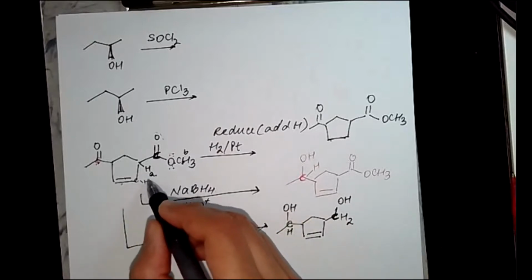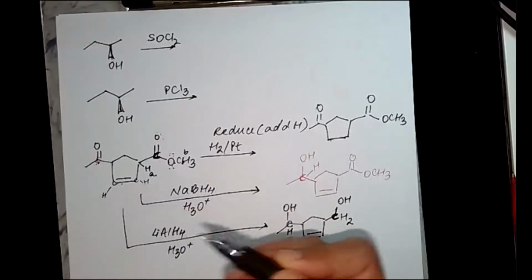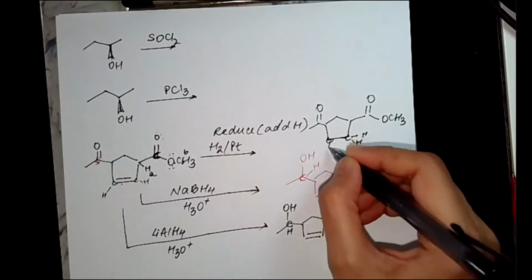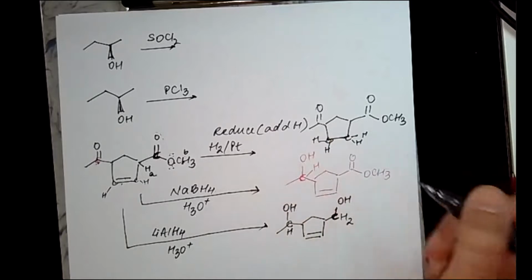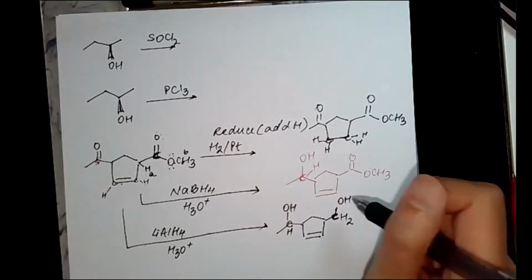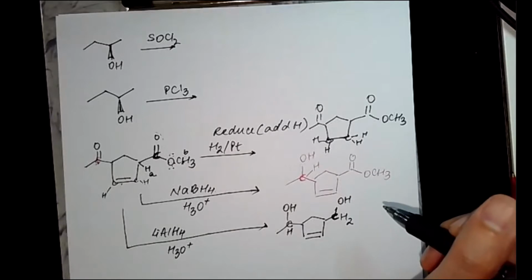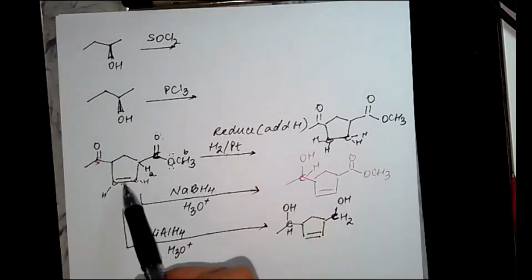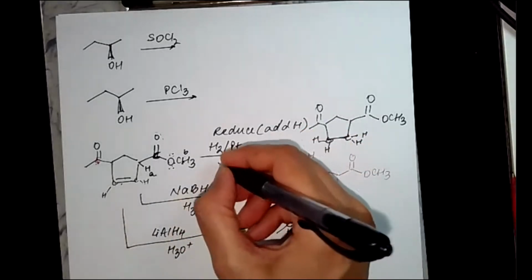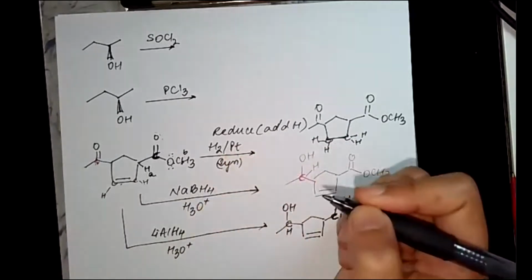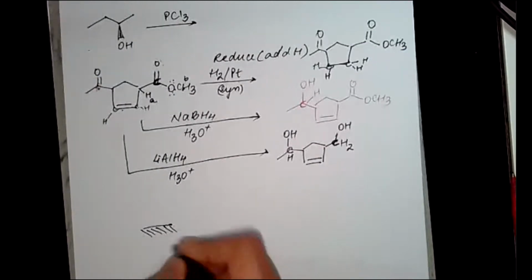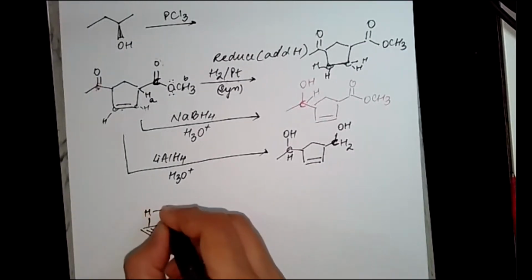So this carbon had only one hydrogen, this carbon had only one hydrogen. You will add hydrogens. Now they have all 4 hydrogens. This is not an SN1. This is an addition across the double bond. It happens in a syn fashion, when you have this catalyst and this hydrogen.